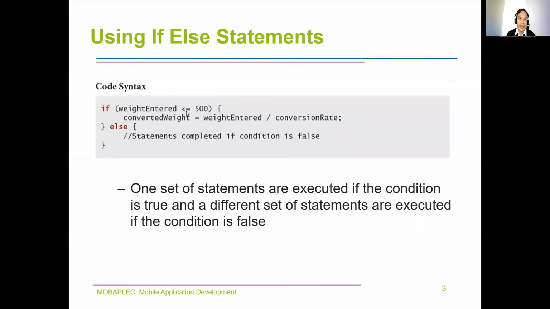Technically, the converted weight is our formula: the weight entered divided by the conversion rate. We need to set that in order to come up with a given condition. Therefore, if it's true, it will automatically execute.